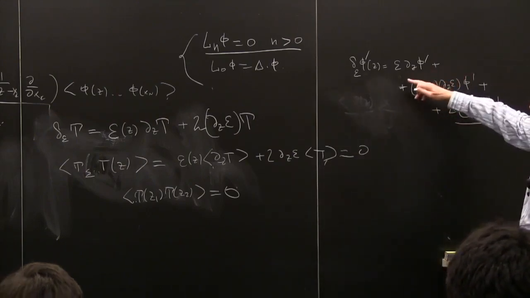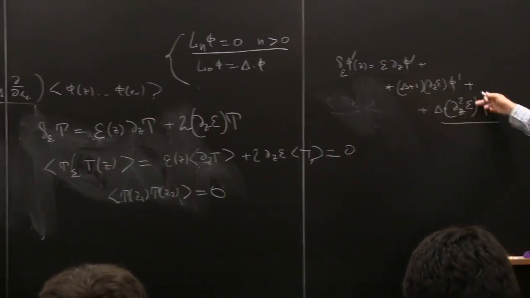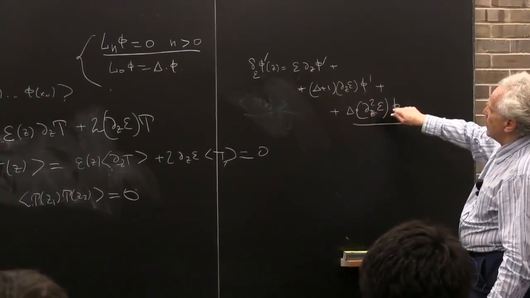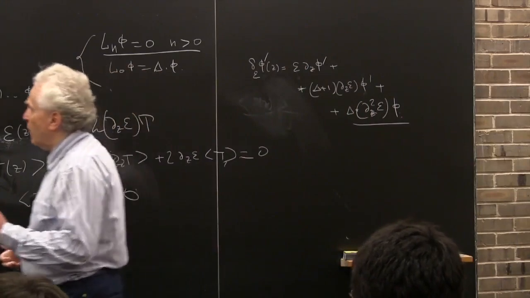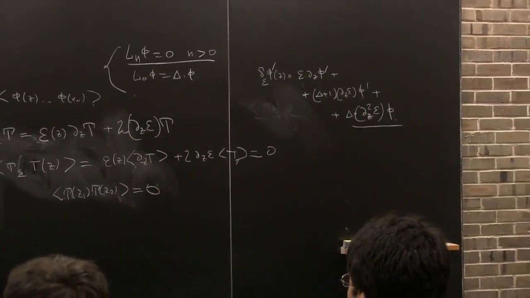And this indeed has all correct dimension, because dz squared epsilon scales like 1 over z, and that's the same as the scaling for phi prime. And now I'm ready to ask you a question by observing this formula.